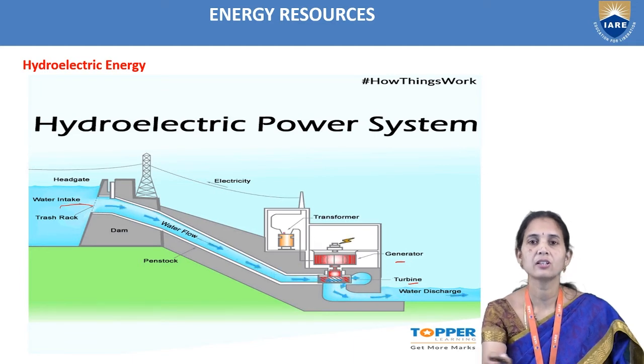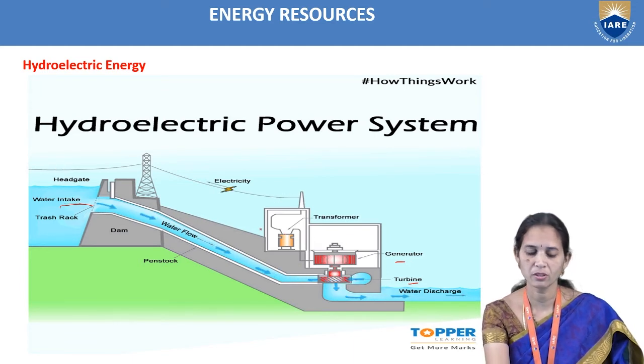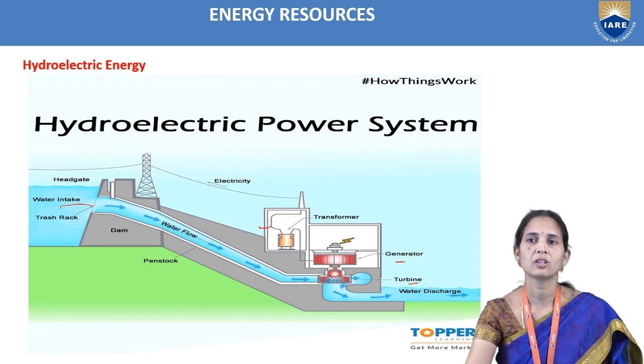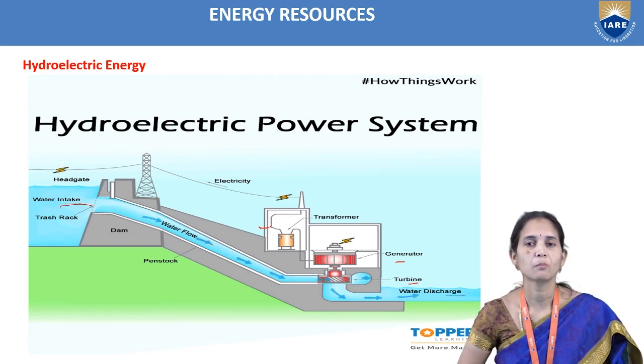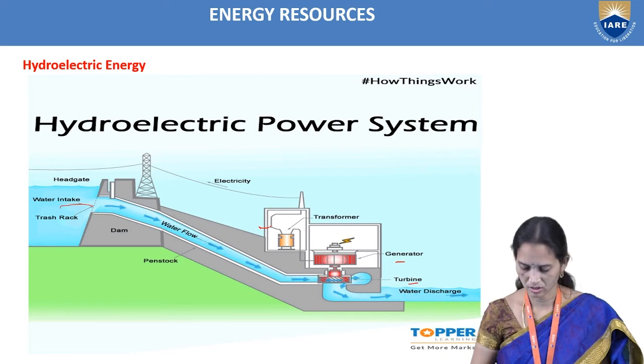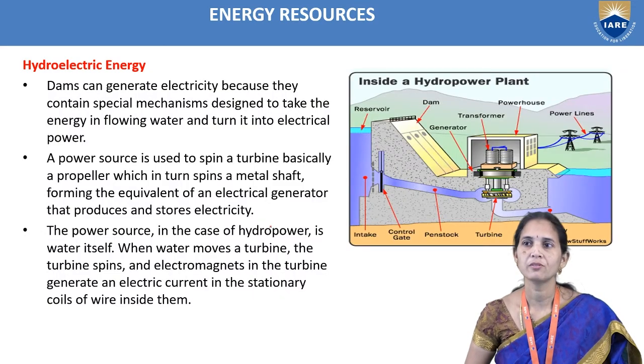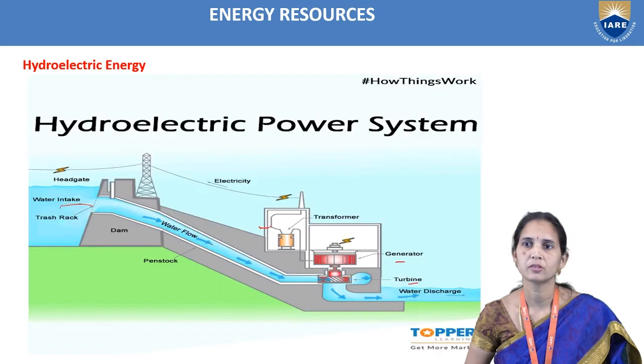That electrical energy we are passing into the transformer, and then we can collect electricity and pass it to the specific locations. So we can see in this diagram very clearly how a hydropower plant works to generate electricity.